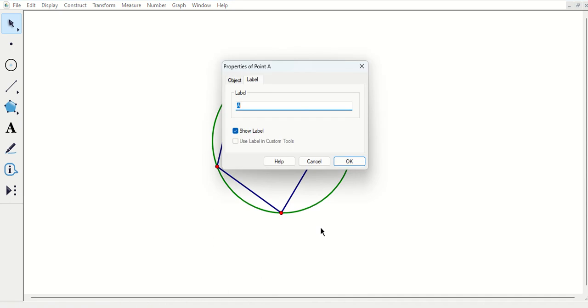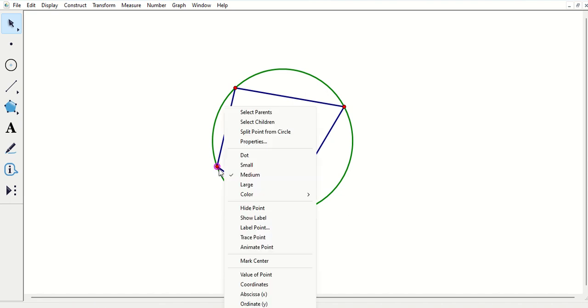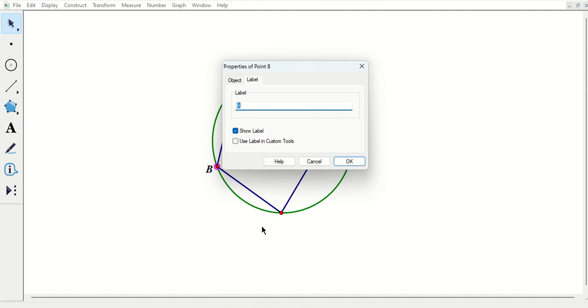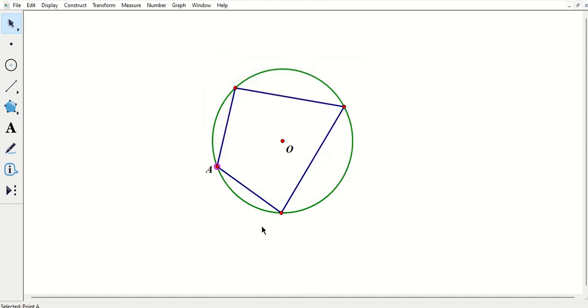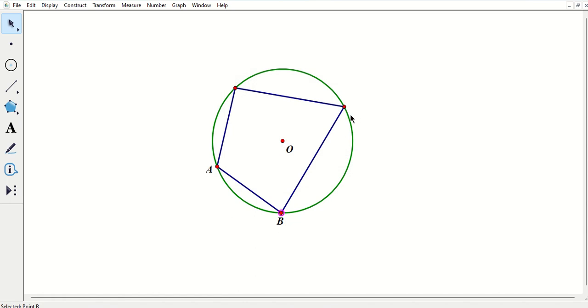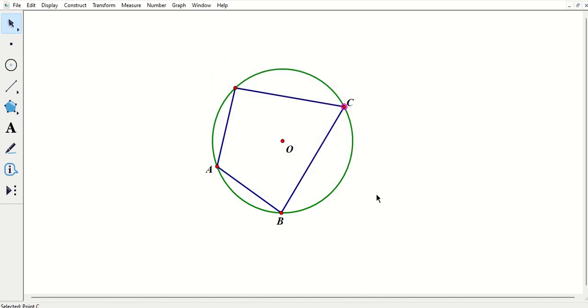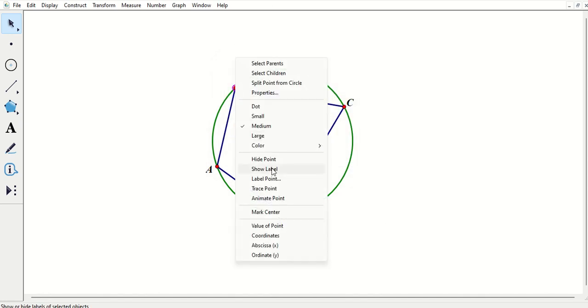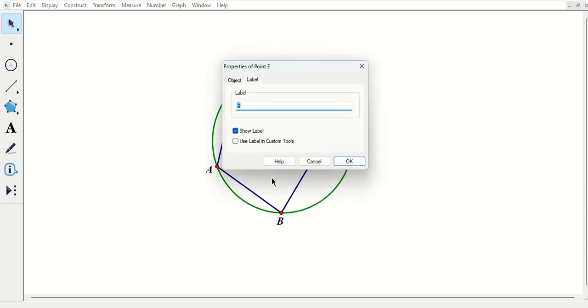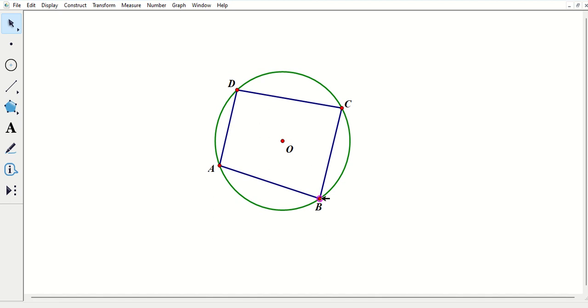The center will be my point O. Label this point A. Let's label this point B. Label this one C, and this one D. Okay, so we have the cyclic quad ABCD. Here's my cyclic quad ABCD.